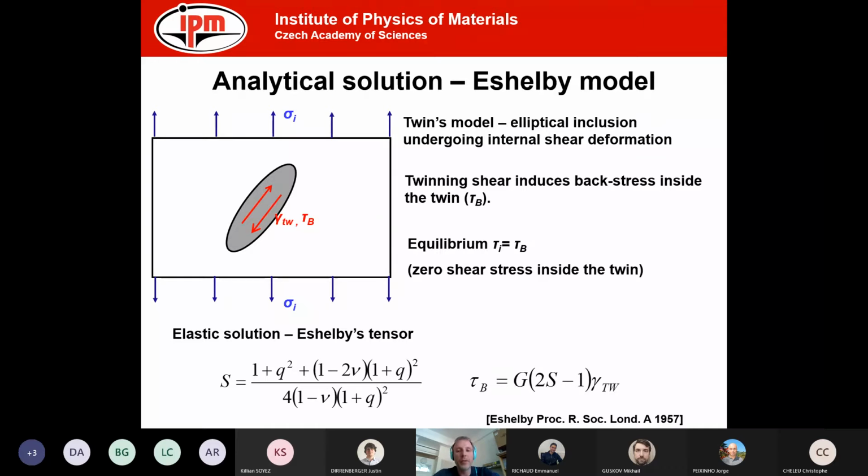And according to the Eshelby solution, when you have this internal shear strain, there is a back stress developed inside the twin.